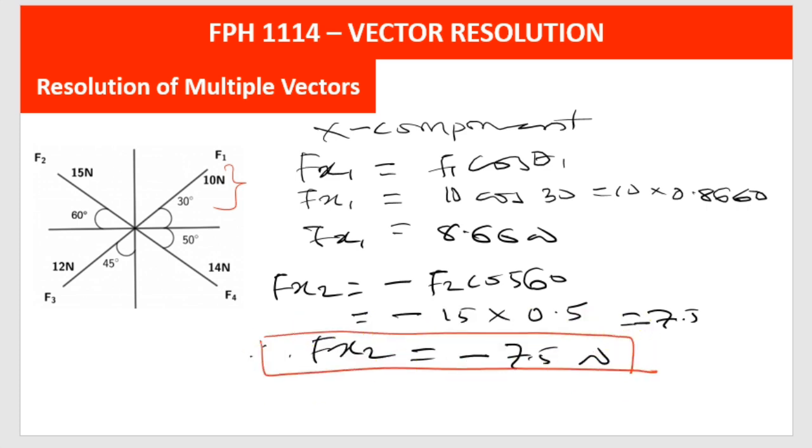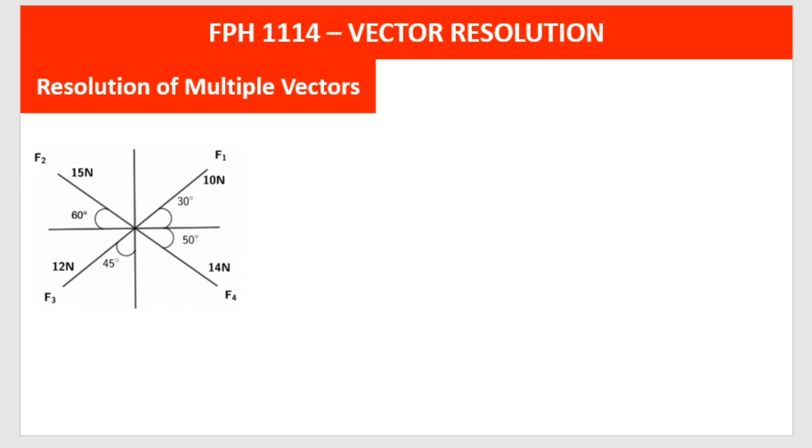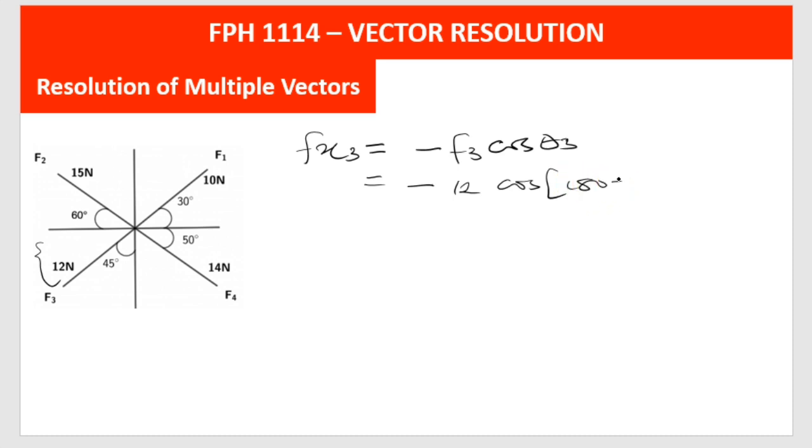We quickly move to Fx3. Fx3 is somewhere here. So we have Fx3 to be equal to minus F3 cos theta 3. So here we have minus 12 cos 180. Sorry, this is supposed to be 90.